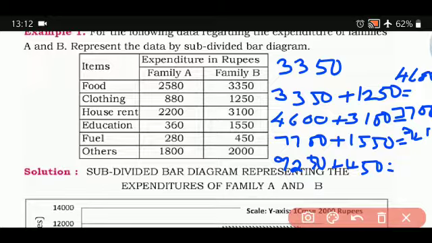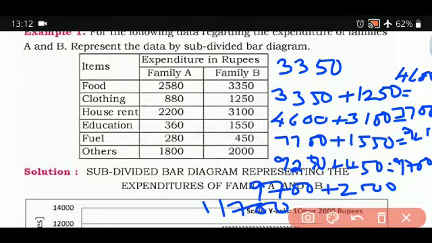It's 9700. And the last one, 9700 plus 2000. That will give 11700.